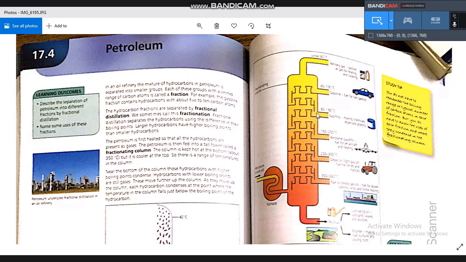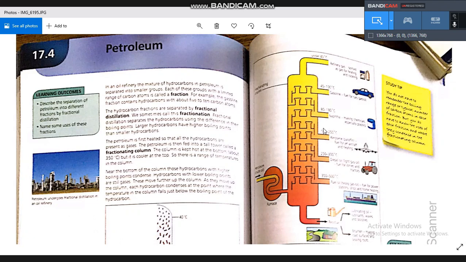It has a boiling point between 80 and 180 degrees. After that, we will get kerosene, which is used as a fuel for aircraft and also for heating, and its boiling point is between 160 and 260.